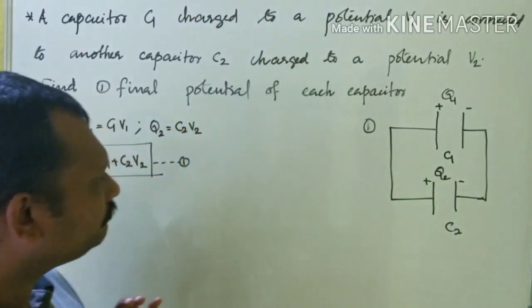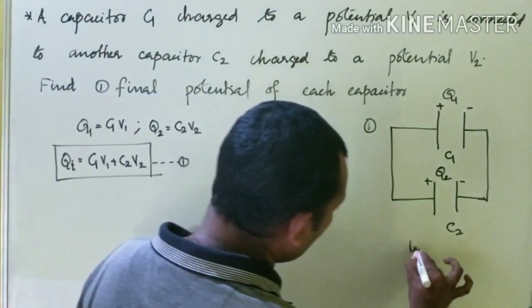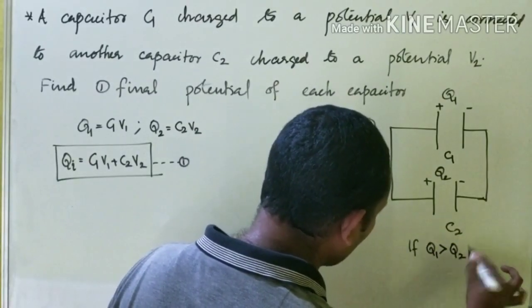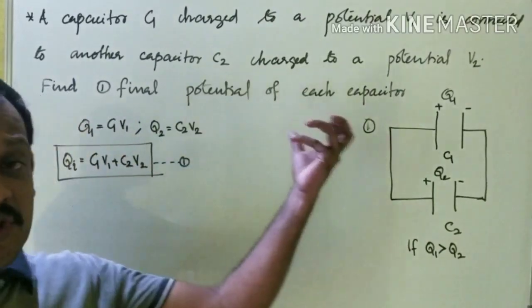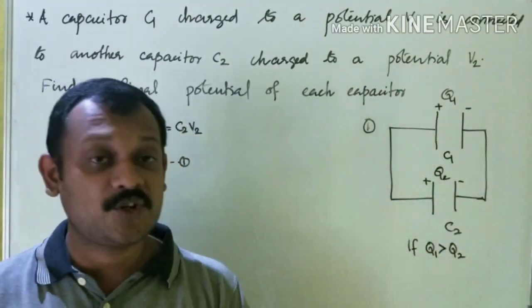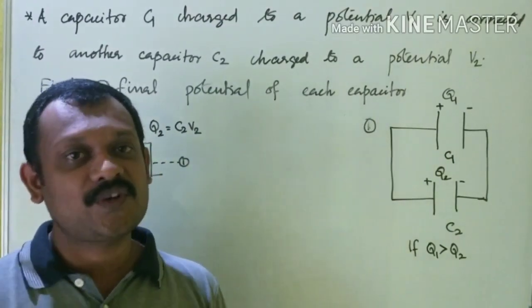Another question, from where to where? Suppose that Q1 is greater than Q2. From where to where do these charges flow?